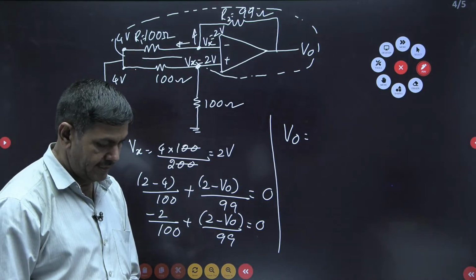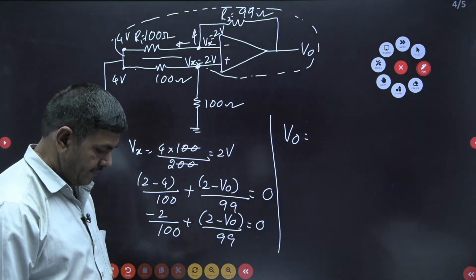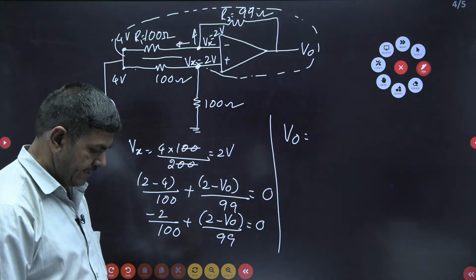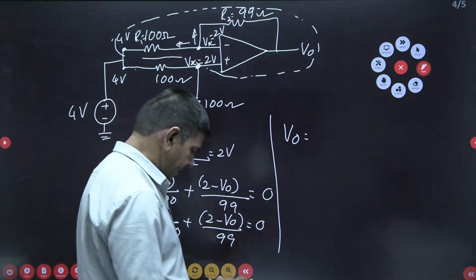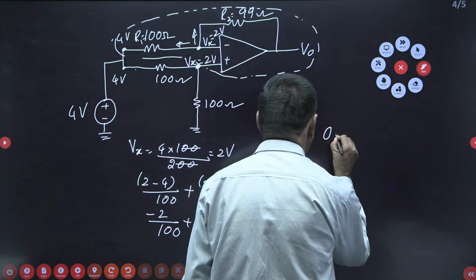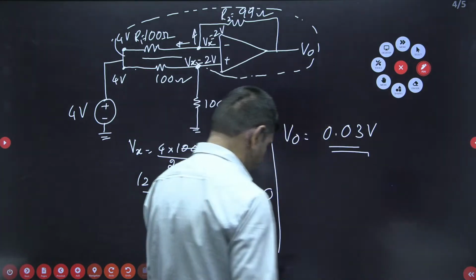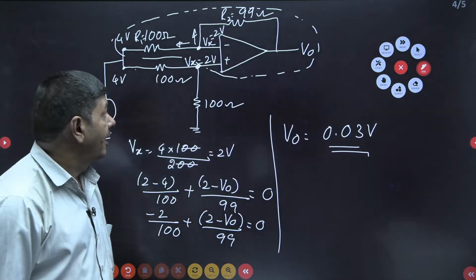V0 value will be 0.03 volts. I am giving that V0 value directly. Use a calculator, you will get 0.03 volts. That is the V0 value. I am repeating once again.